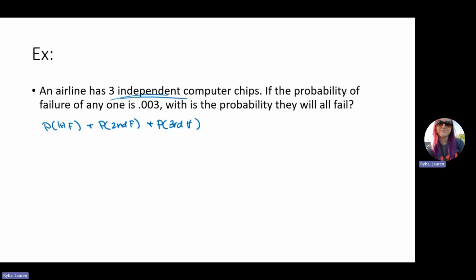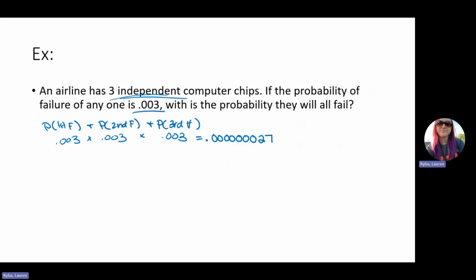And it clearly says independent, so I can multiply each individual probability by itself. They all have that same probability of 0.003. If I multiply these, there are 7 zeros, 2, 7.